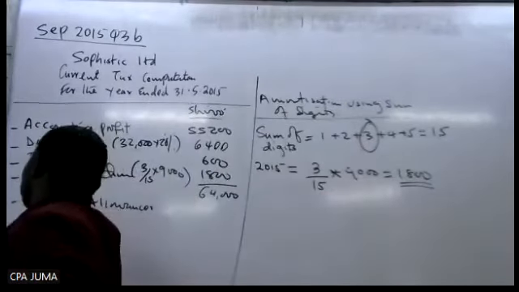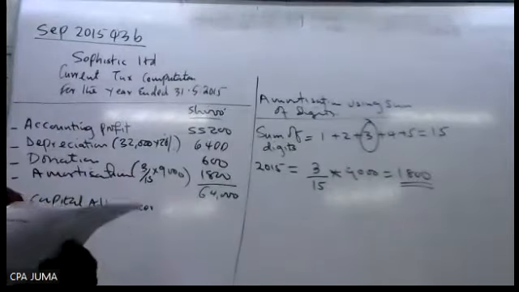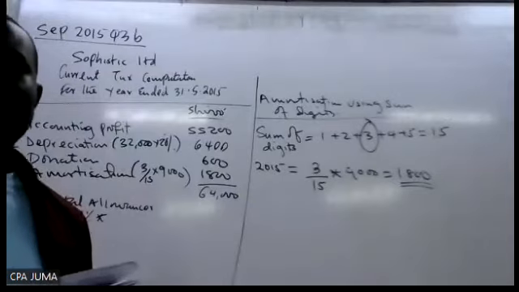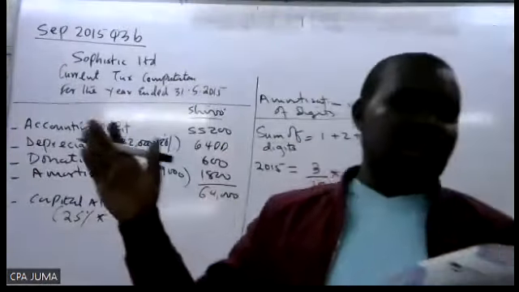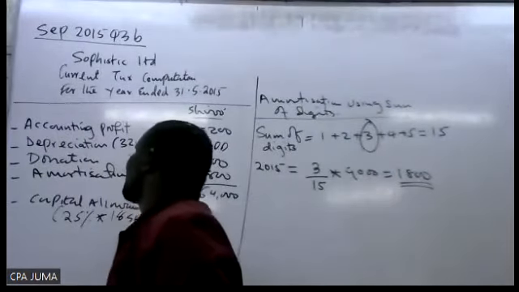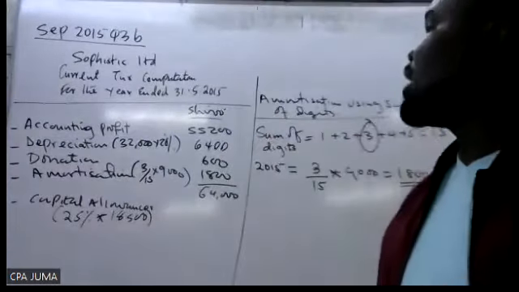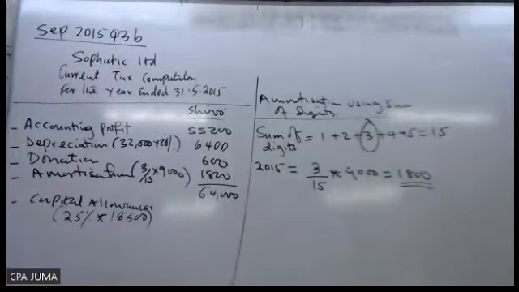For tax purposes, you don't go for the book value. Instead, you go for the tax written down value. So tax written down value at 1st June 2014, running to 2015. So the opening, you multiply with what value? 18,500. That is the tax written down value, which is in quote the net book value for tax purposes. How much is that?